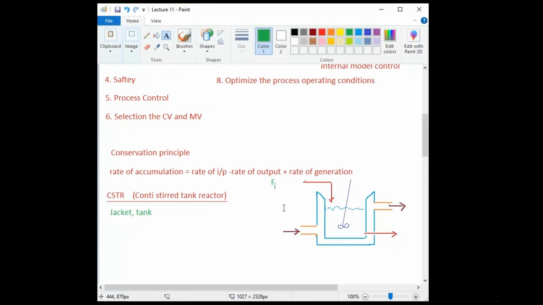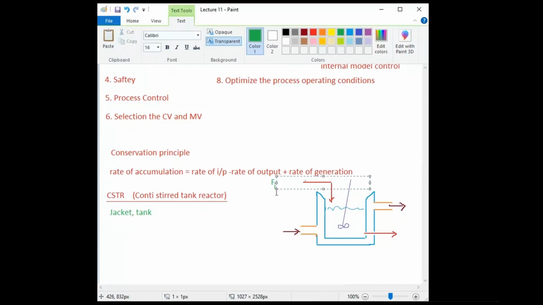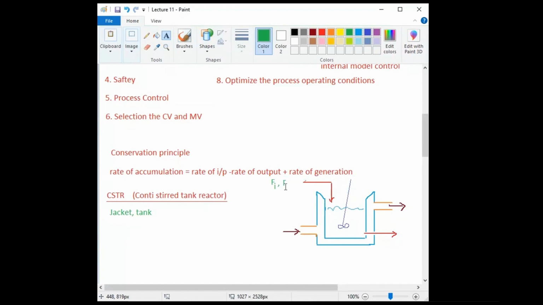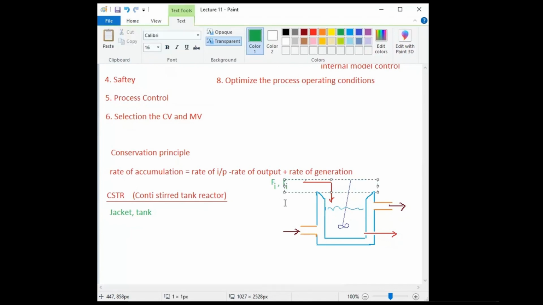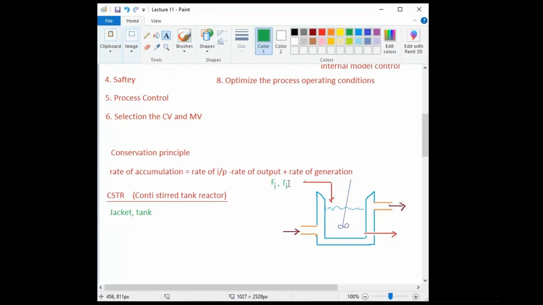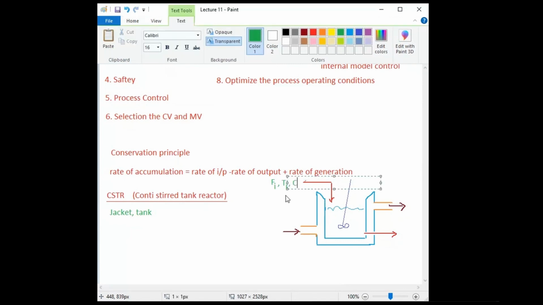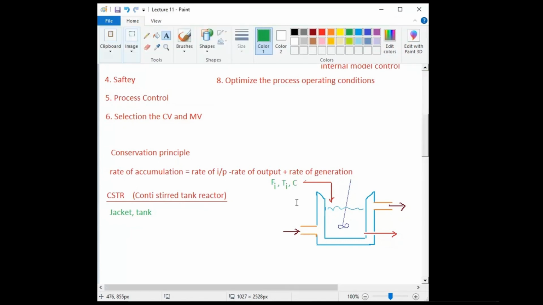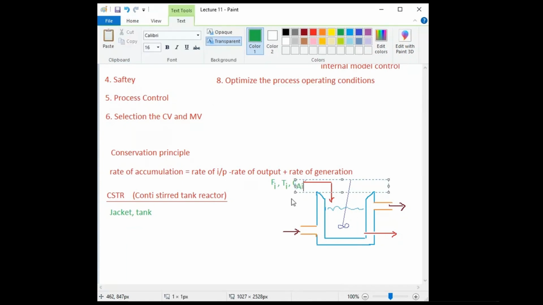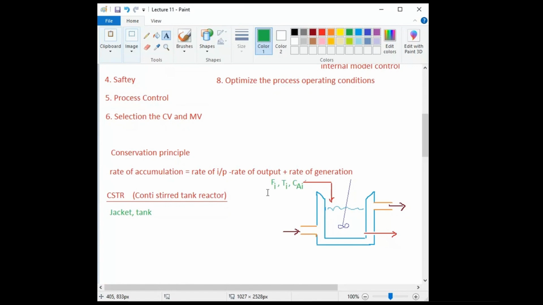Then we have the temperature of the inlet reactants coming inside, Ti, and the concentration of the reactants, CAi, right? So Fi is the flow rate of the reactants coming inside this tank, Ti is the temperature, and CAi is the concentration.